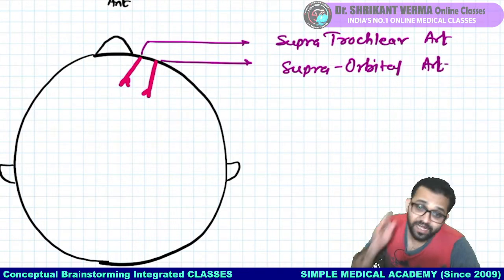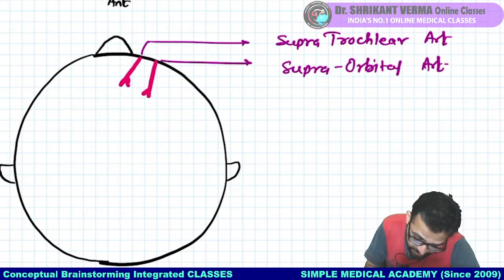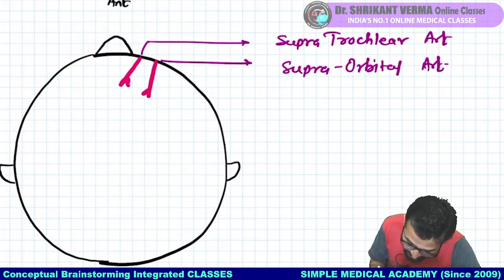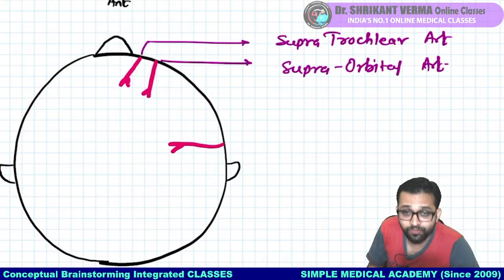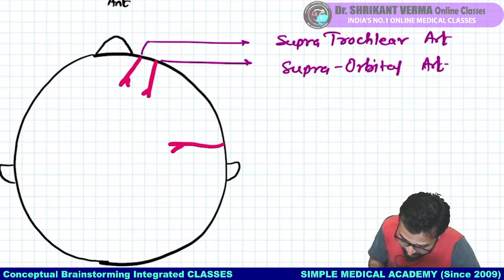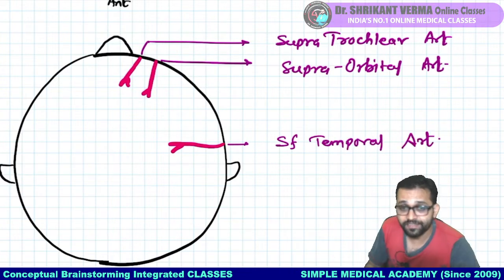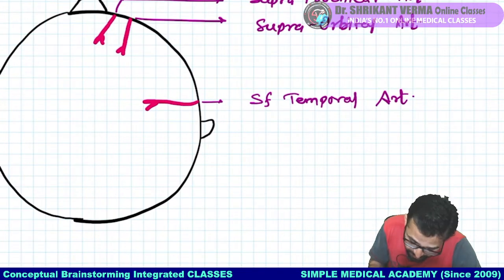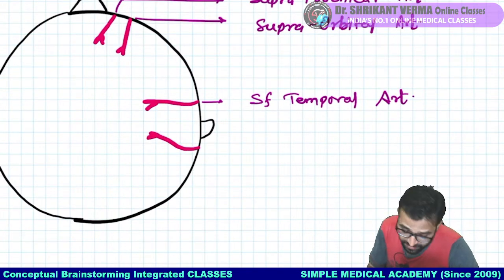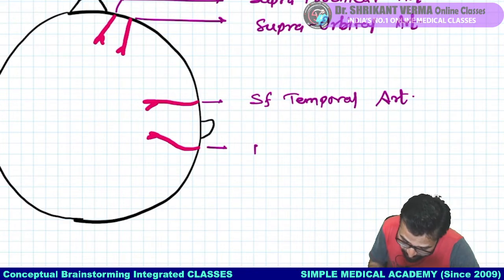Getting the point? Another artery is from our temporal region, so what will you say, this is our superficial temporal artery. Another artery is running from the back side of the ear. So what will you say, this is our posterior auricular artery.